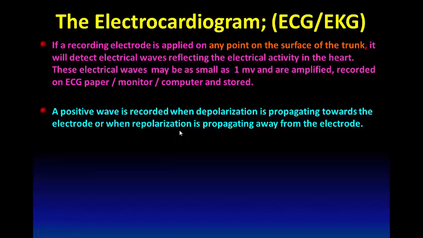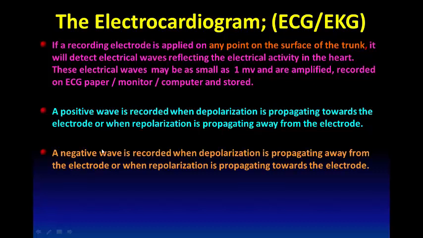You need to focus on these electrophysiological facts related to recording an electrocardiogram. The first fact is that a positive wave, a wave above the isoelectric line, is recorded when depolarization is propagating towards the electrode, or when repolarization is propagating away from the electrode.